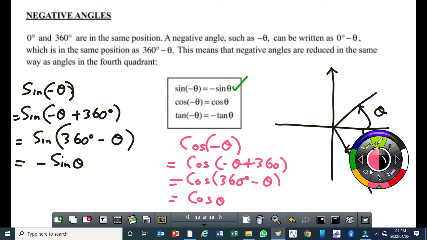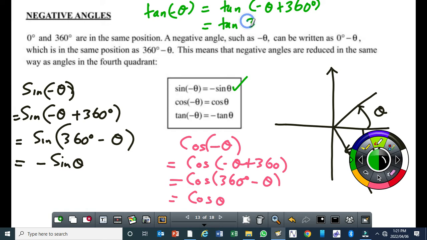Then tan is the same as how I did sine here. Let me try to write on top. So tan minus theta is the same as tan of minus theta plus 360 degrees. And that will give us tan 360 minus theta.